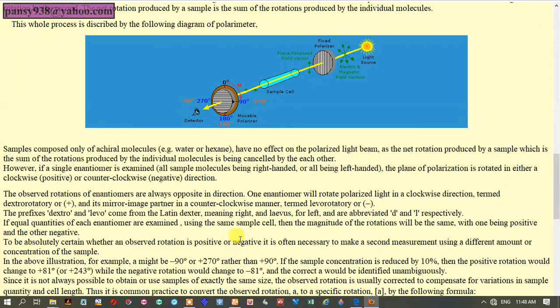However, if a single optical isomer is examined, with all sample molecules being right-handed or left-handed, the plane of polarization is rotated in either a clockwise or counterclockwise direction.